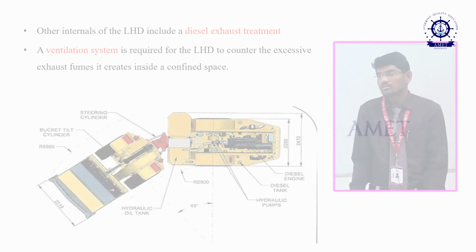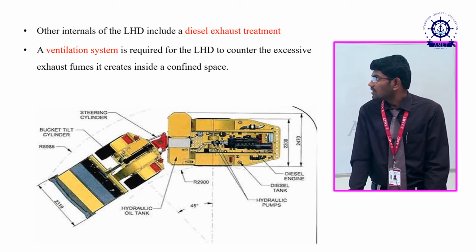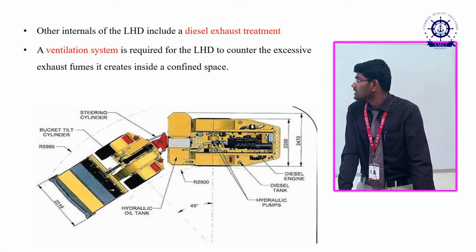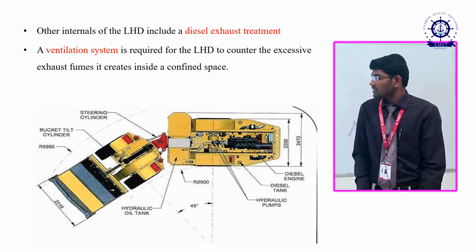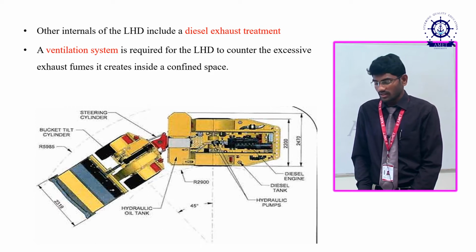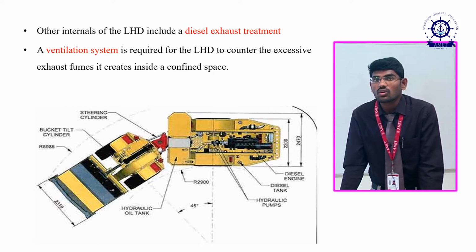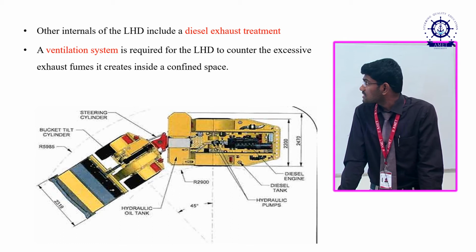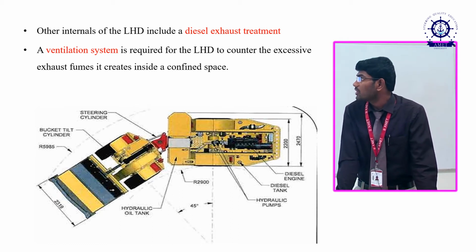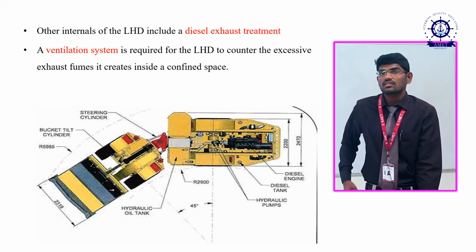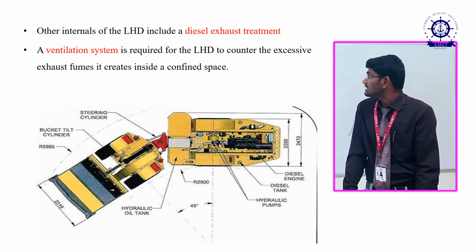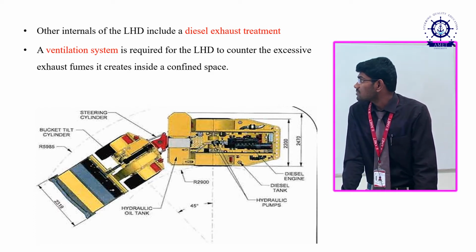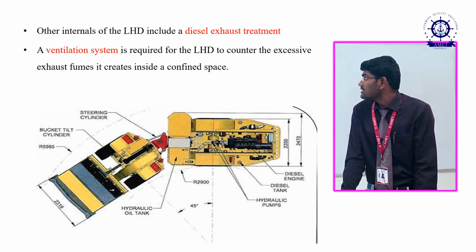Then other internal parts of the LHD include diesel exhaust treatment. It is helpful for controlling fumes inside and adjusting gas releases. Like CO, the most poisonous gas, it is controlled by the diesel exhaust treatment. A ventilation system is also included in the LHD.